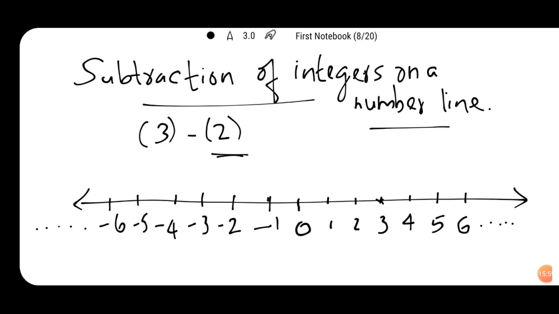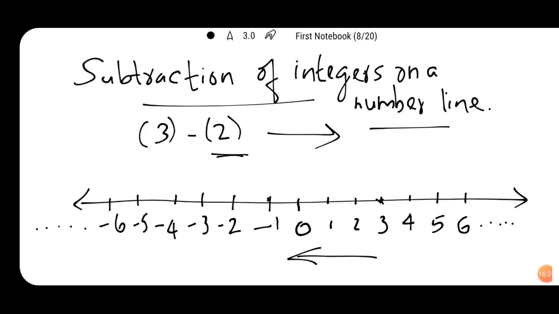Now, if the number to be subtracted is a positive integer, you will move towards the left of the number line from the first number. In addition of integers, if the number was positive, we were moving towards the right.